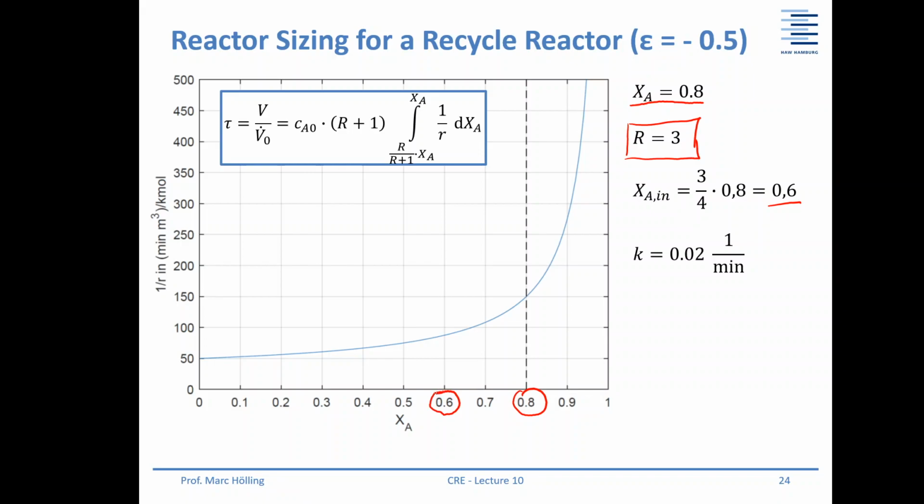Now we have to evaluate our integral from XA equal to 0.6 to 0.8, 1 over r dXA. So we just go here and solve the integral.